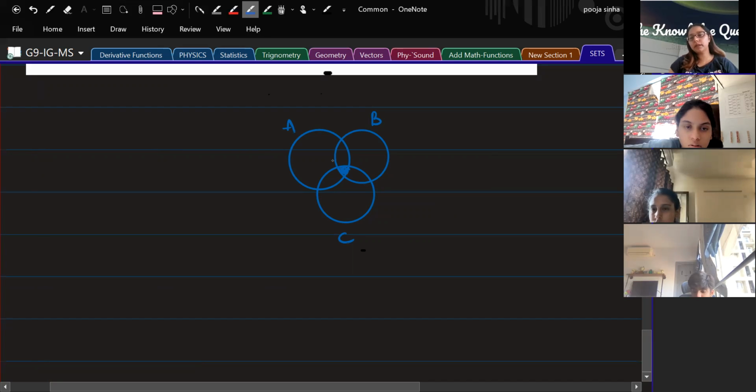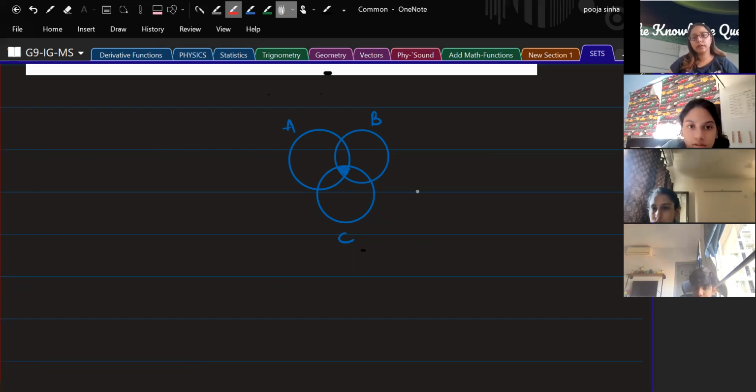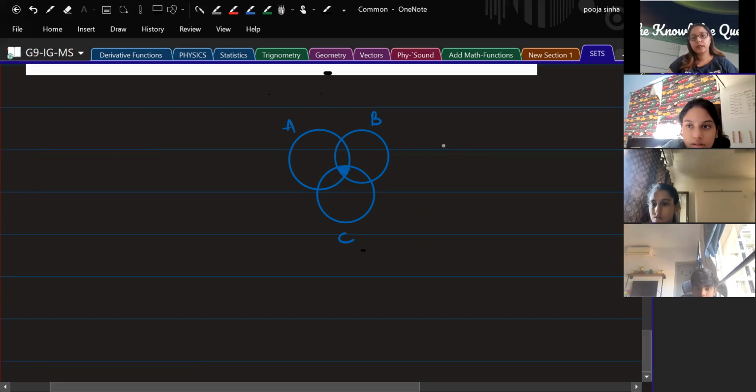What is this part? Shaumik, concentrate here. It is A intersection B intersection C. है ना? So it is an intersection between all three of them, isn't it?